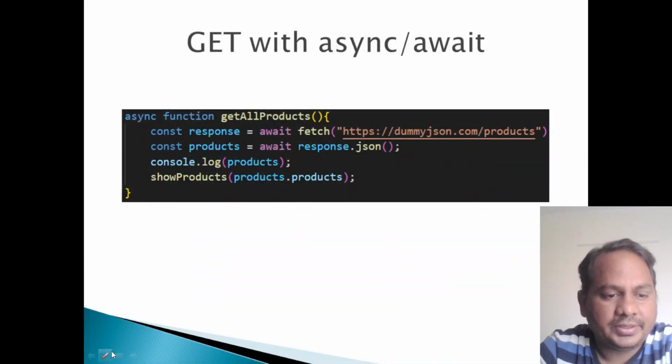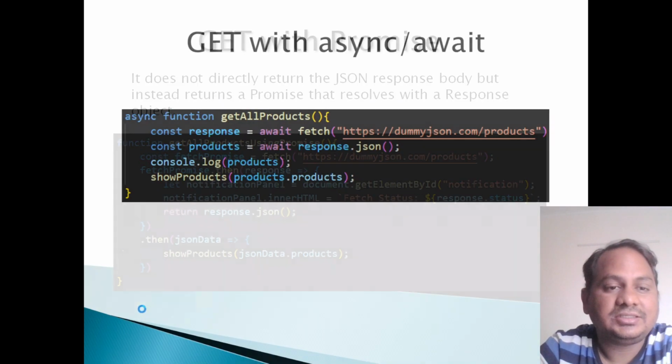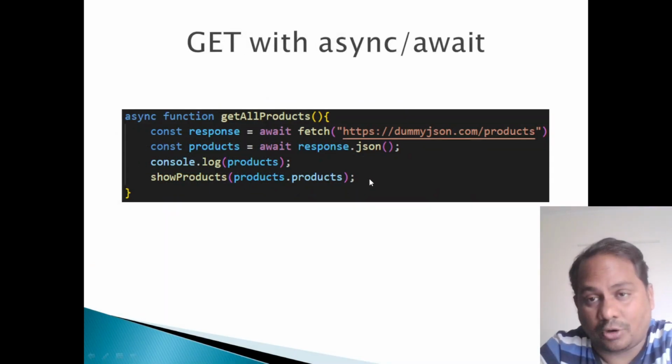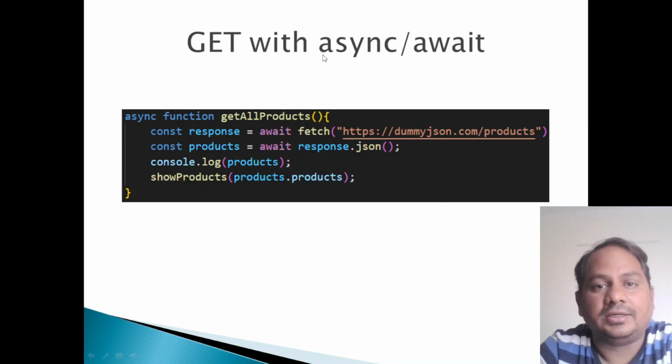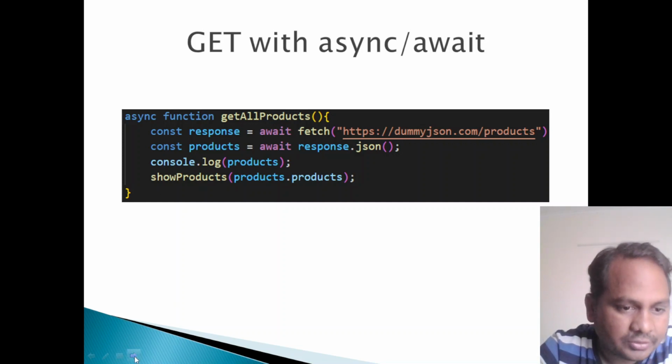So you can compare, if we use await and async mechanism, how clean code we have. Okay, so although this promise code is also very elegant, not at all a problem. This is just a shorthand way of using promises, the async and await mechanism. I already have made a video on this, so you can look into that if you don't know about that.